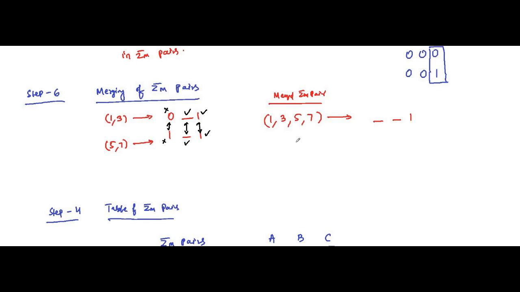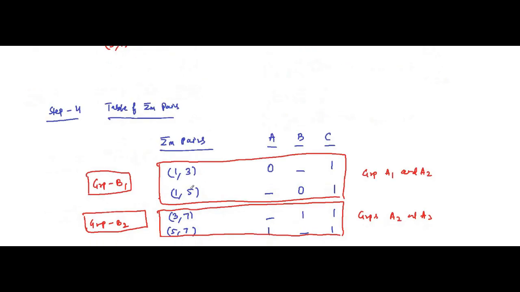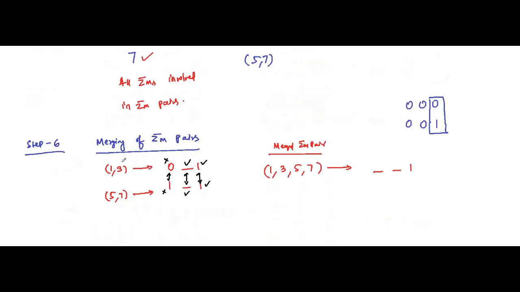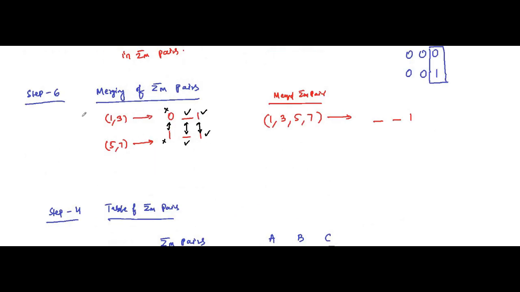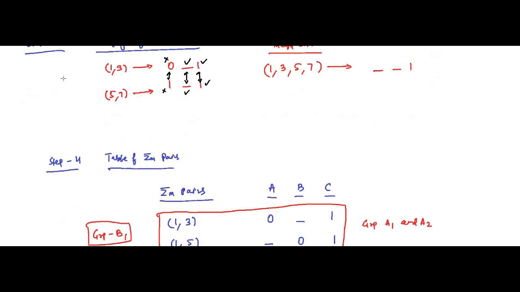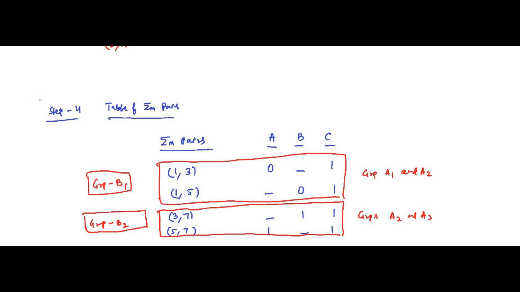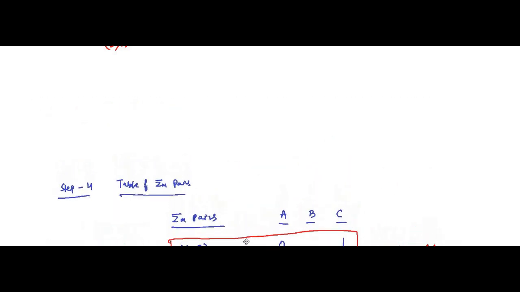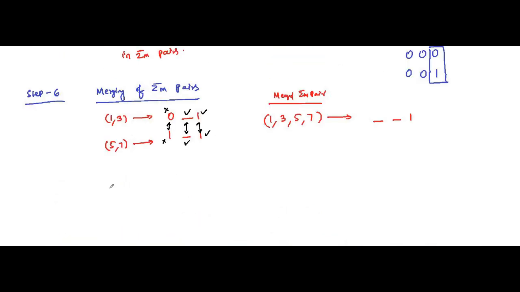So this is a merged minterm pair. Then we have to compare 1 5 with 3 7 and 1 5 with 5 7. So let us shift it slightly downwards. Okay, so 1 5, how much is it?